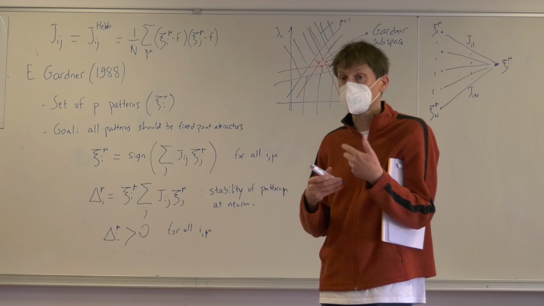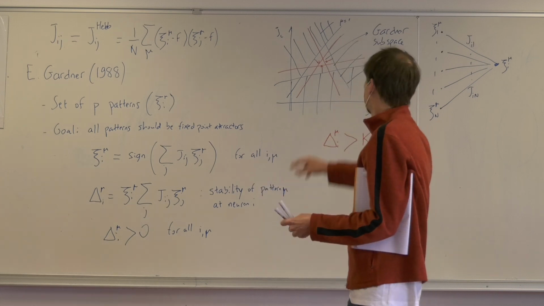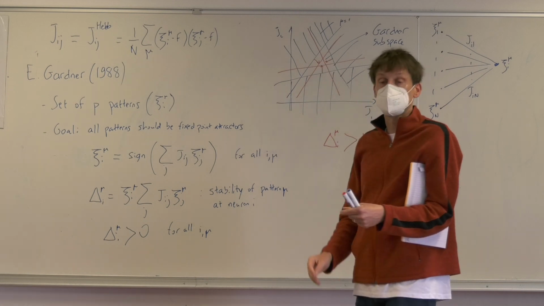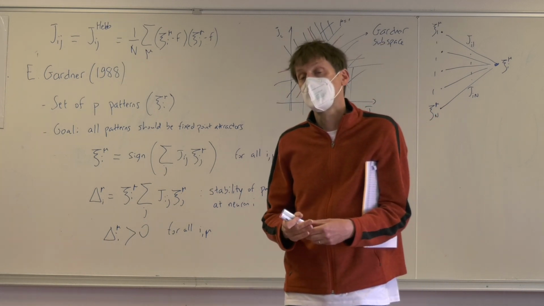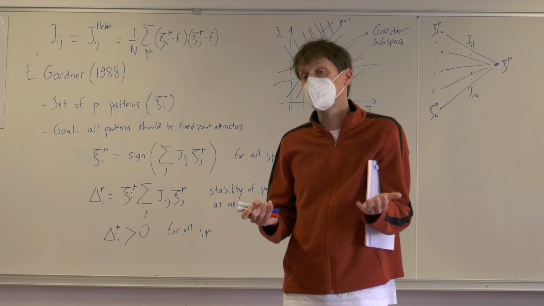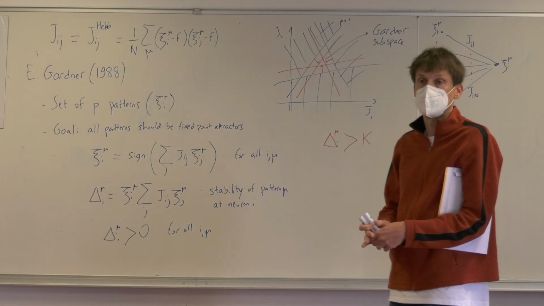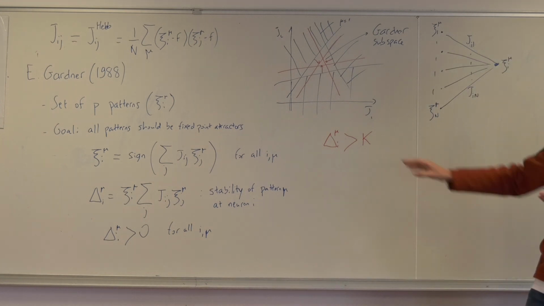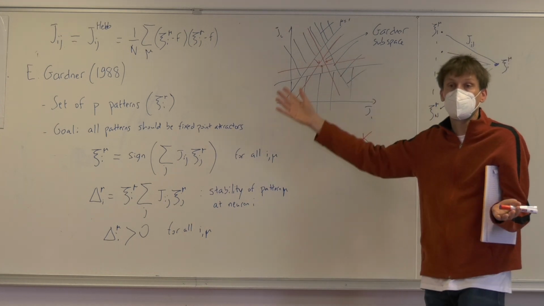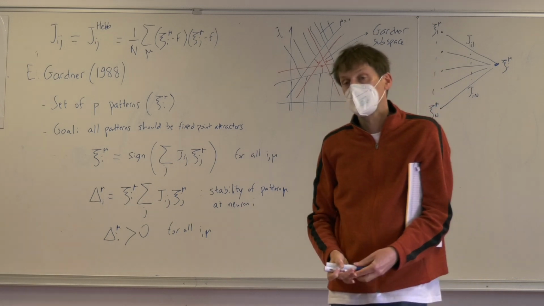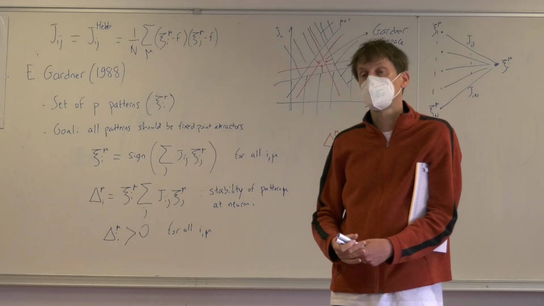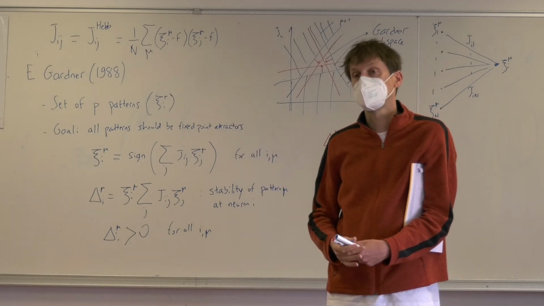What will happen is that the probability that this space is not empty will go to 1, provided the number of patterns is smaller than some critical capacity. But of course, in general, this volume depends on the particular realization of the patterns. But in the large N limit, we will have a well-defined critical capacity.